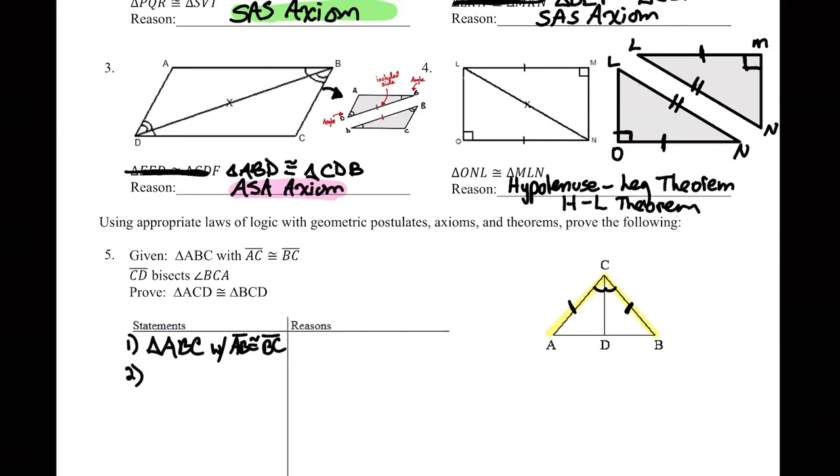We had another given statement, CD bisects angle BCA. Both of these are givens. All right. After that, we start drawing conclusions.